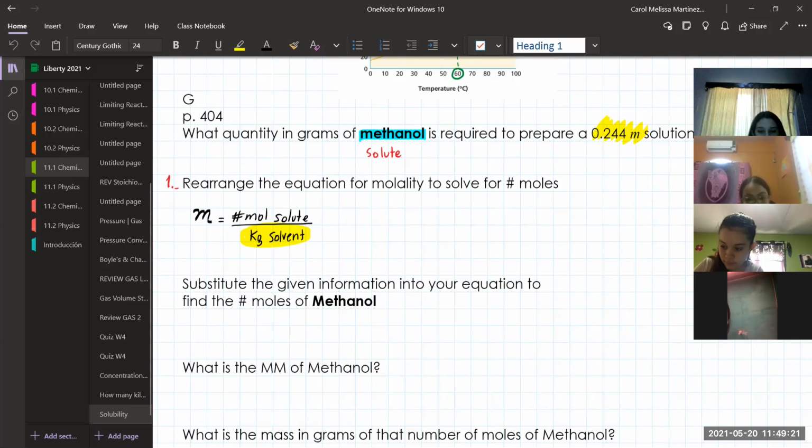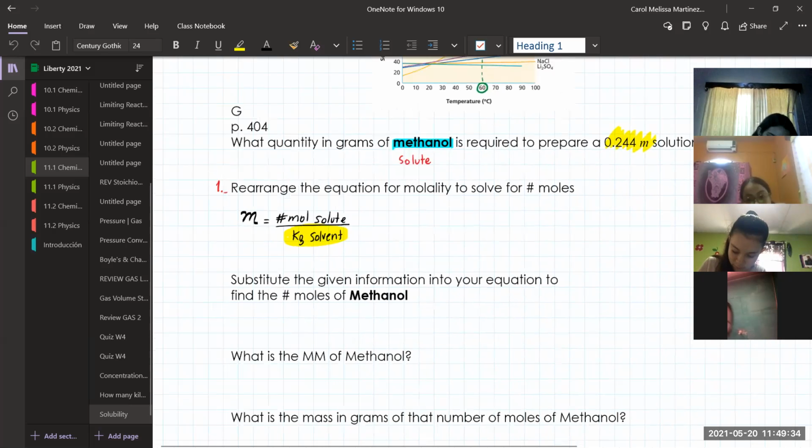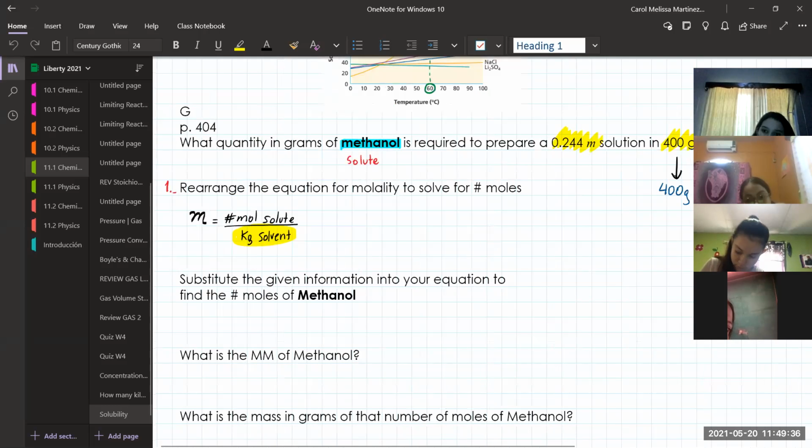So I'm going to do this conversion process right now. 400 grams, I will convert to kilograms by using the conversion factor of 1,000 grams per kilogram. This allows me to cancel grams with grams, and this gives me 0.40 kilograms.